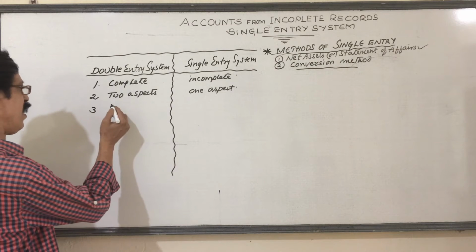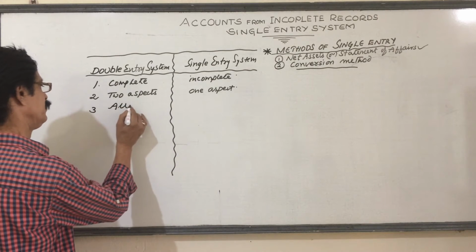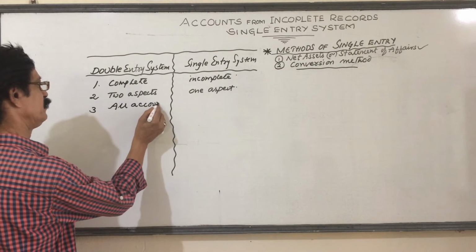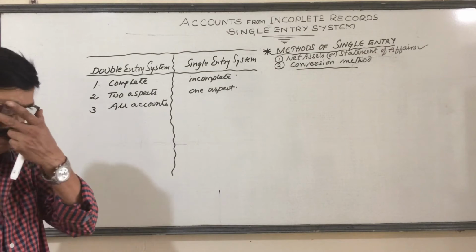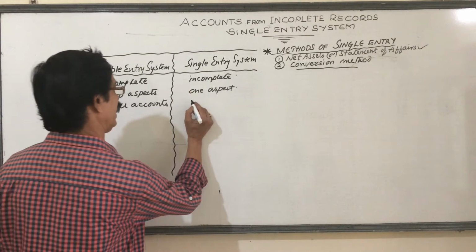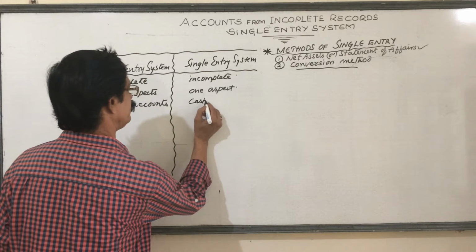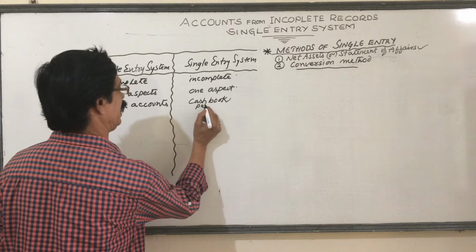Here all accounts are maintained, personal accounts, real accounts and nominal accounts. But here only the cash book and important personal accounts are maintained.